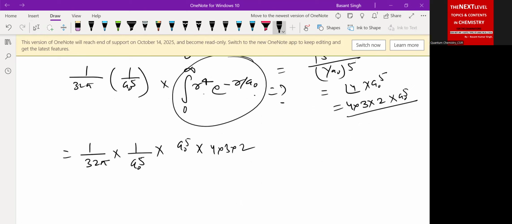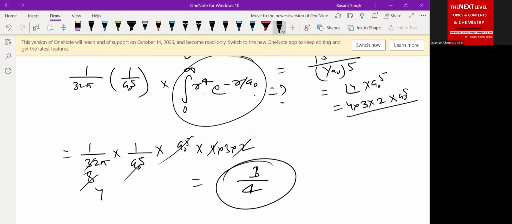So this becomes 8, this is 4, and now this is 3 by 4. This is equal to 3 by 4, not 1. This is not equal to 1.